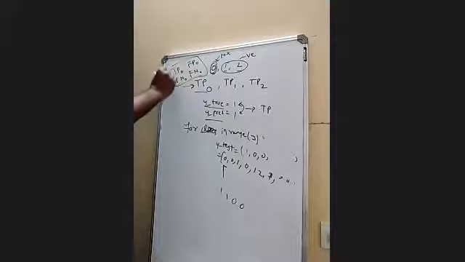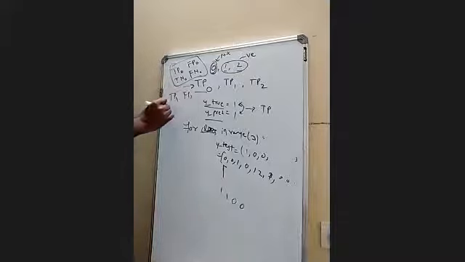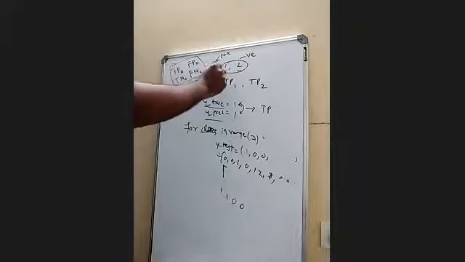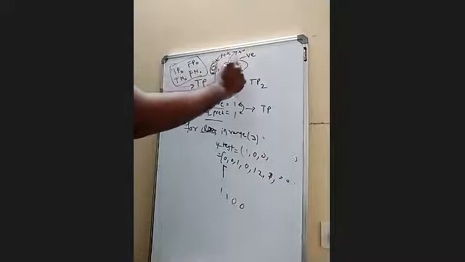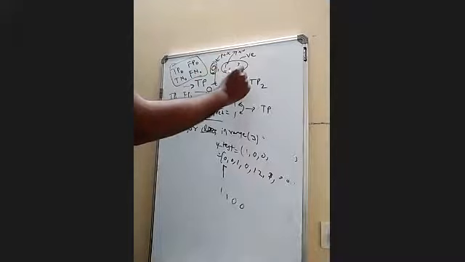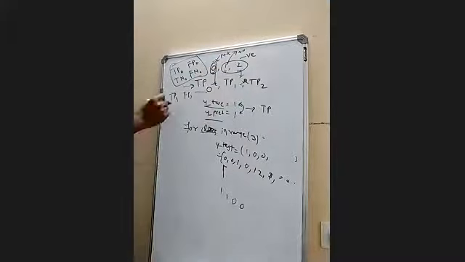In the same way you will calculate the 4 values for class 1. When doing class 1, this will be the positive class and these two classes will be the negative classes, and you will calculate TP1, FP1, TN1, FN1.